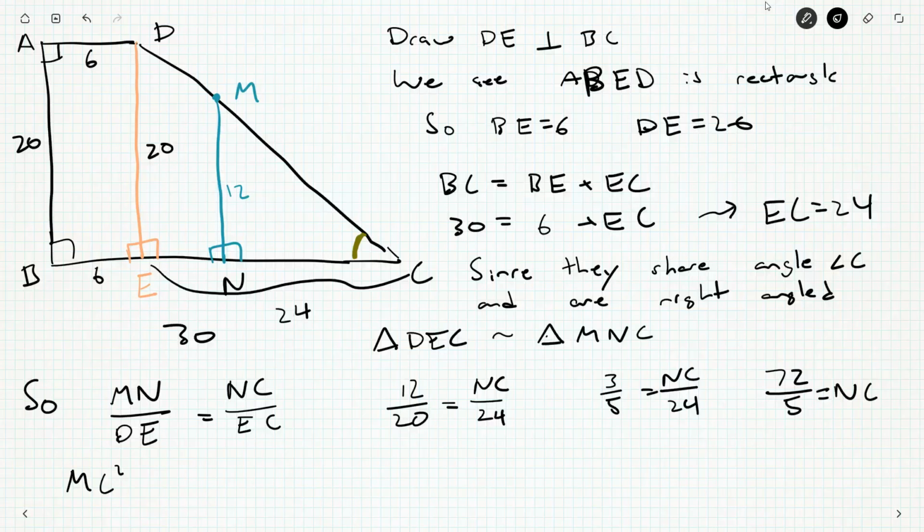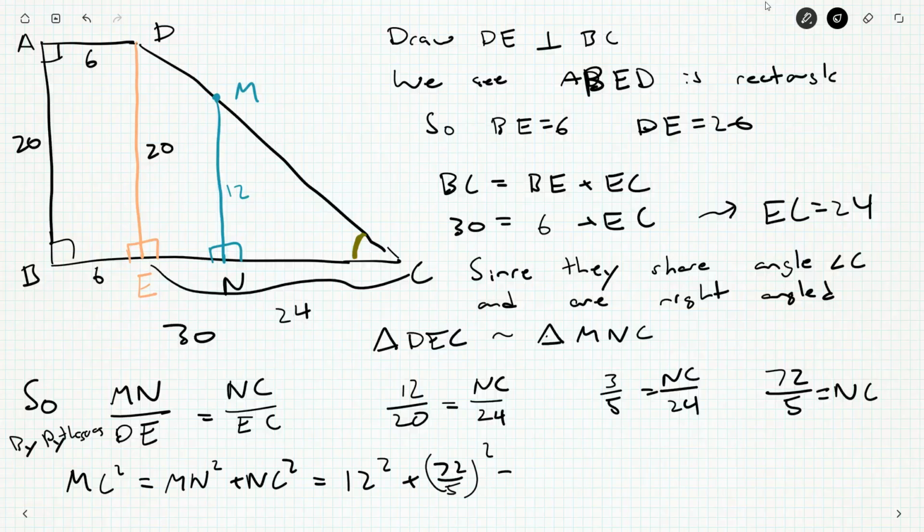And now MC squared, so by Pythagoras we could even say, MC squared is MN squared plus NC squared, and that's 12 squared plus 72 over 5 squared. And that's going to be 144. If I multiply that by 5, I will get 720 over 5 plus, and then 72 squared.